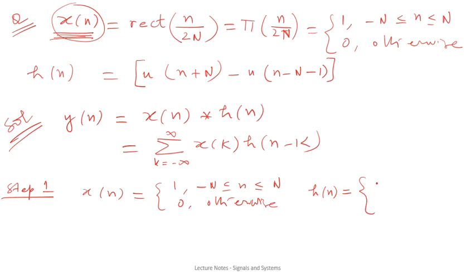So this will be the same as that of this x[n]. If you just plot this, since it's a discrete time signal, obviously different samples will come here.